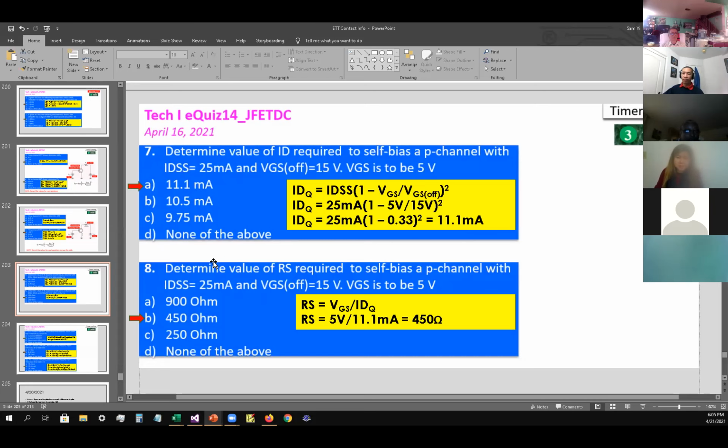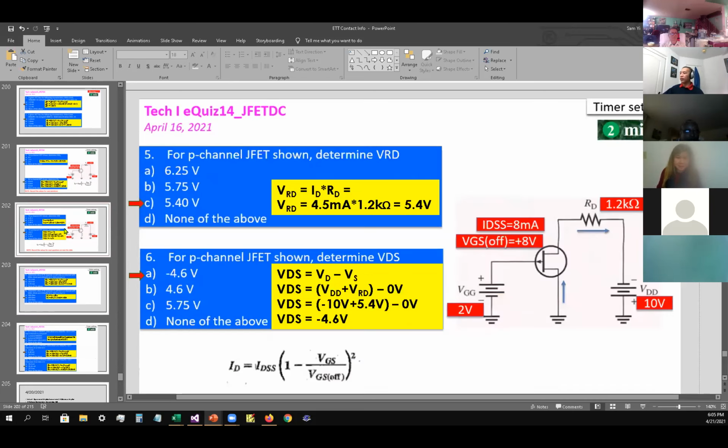Number 6, one more time, please. Okay, number 6: VDS. Here we know that VS is 0 because it's connected to common. VD is minus the voltage drop over this resistor, so minus on minus.